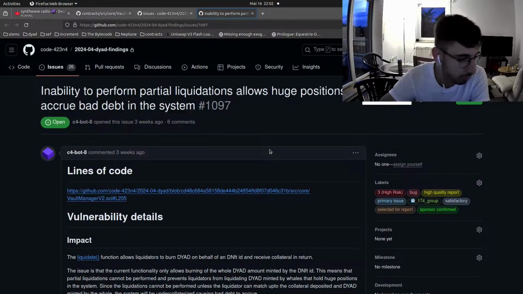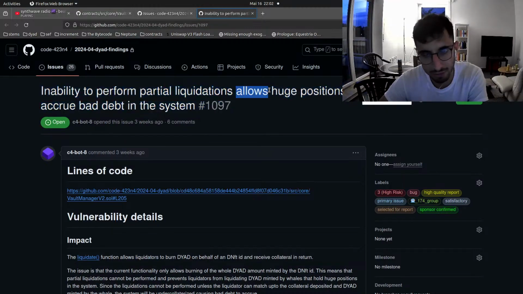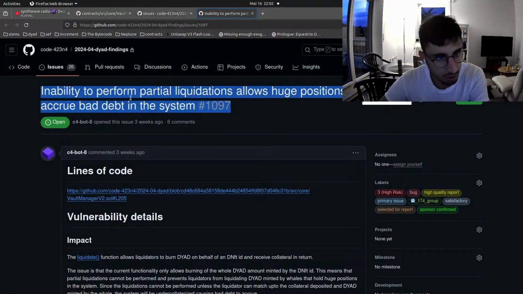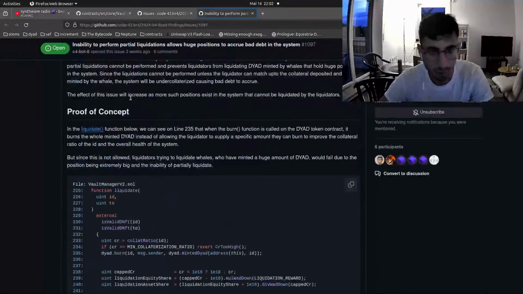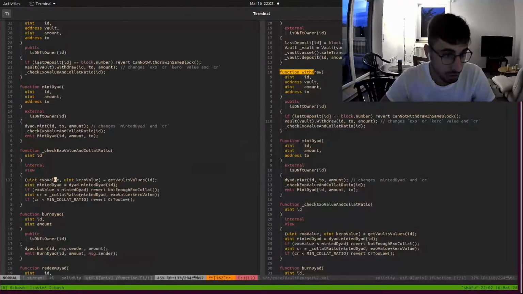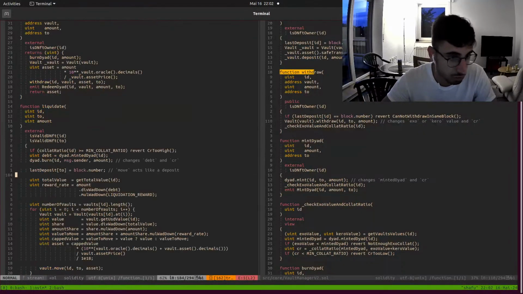Like, if you had borrowed 100 DYAD, you would need to pay back 100 DYAD, which, if it's a very big position, could lead to a problem. So we fixed that by changing the liquidation mechanism to a partial liquidation mechanism. So now you can do partial liquidation.